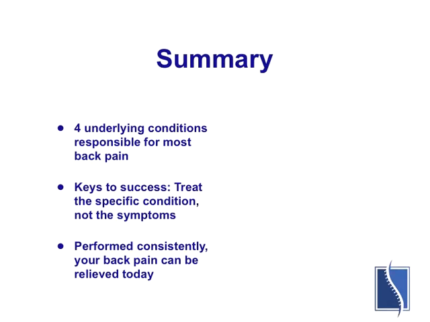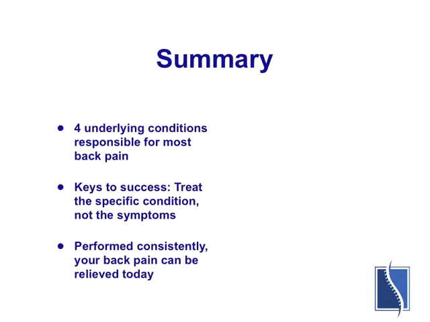So in summary, we talked about the 4 underlying conditions responsible for most back pain. Now keep in mind that although we discuss these on a case-by-case basis, the reality is that most people have at least 2 and oftentimes 3 of these conditions overlapping one another.